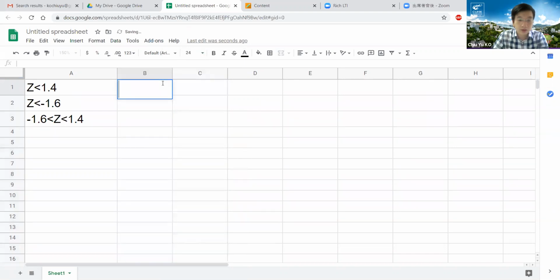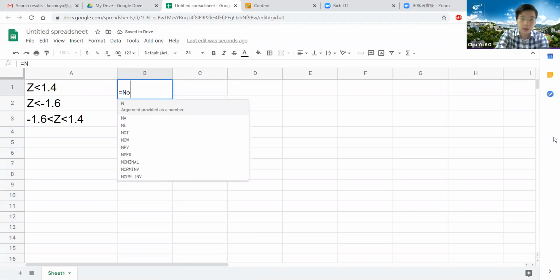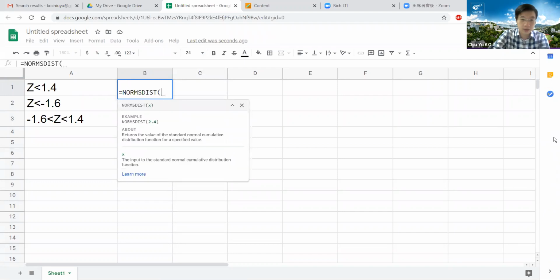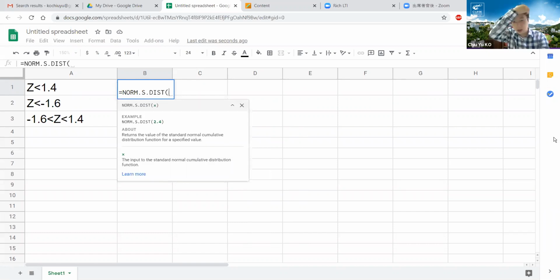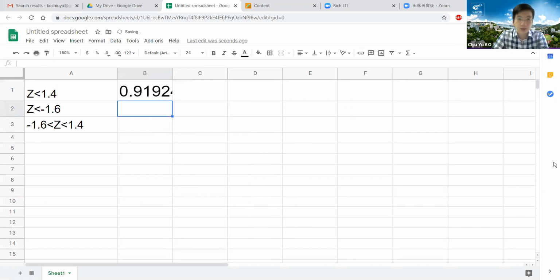So this one you can also check by calling NORM.S.DIST, the same function. There's no DOT here, just NORM. I think they have a DIST version 2. So they have the same thing, NORMSDIST, and you put in 1.4 and it will give you the same answer.